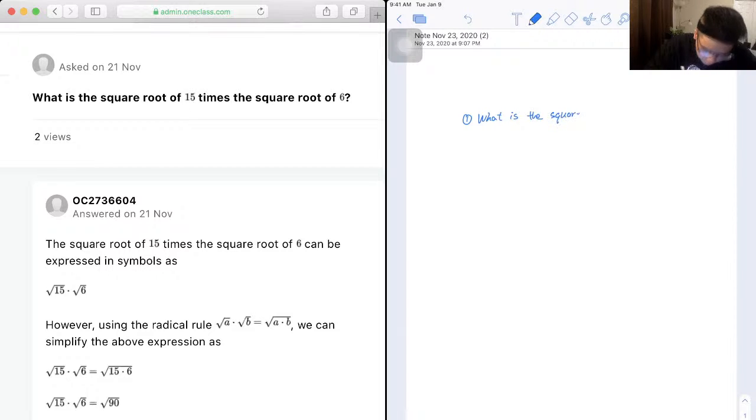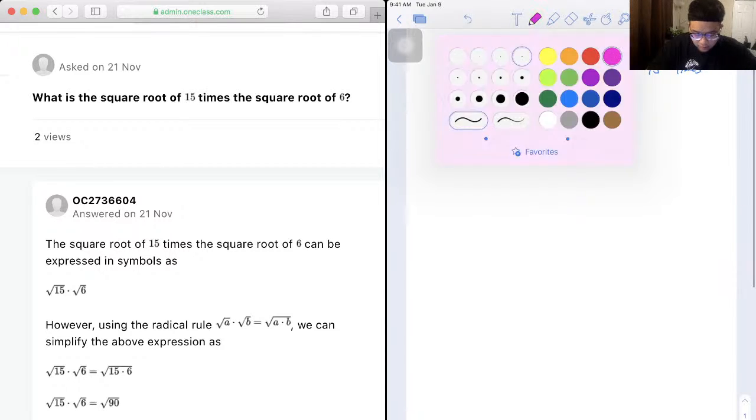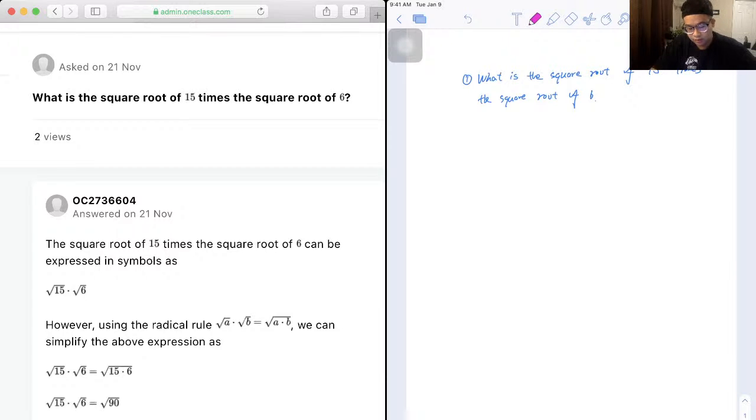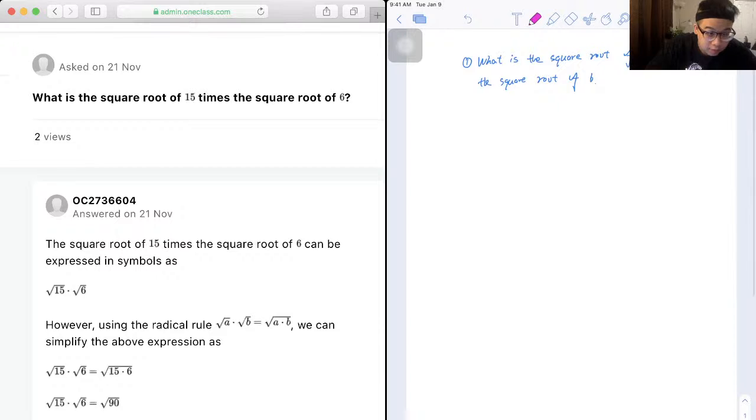So first, let's present square root of 15, which is root 15, and square root of 6, which is root 6.